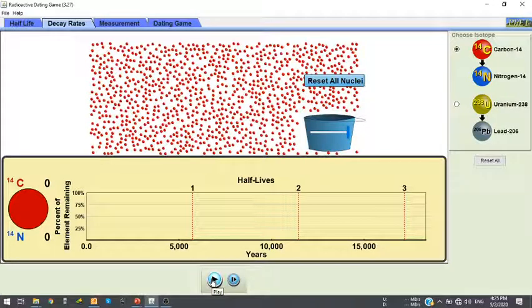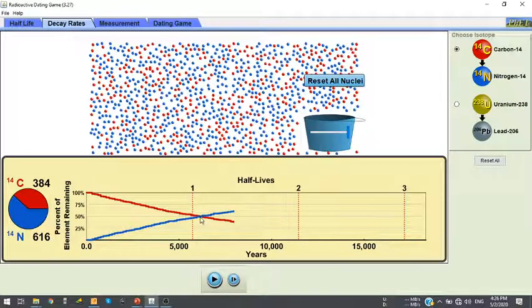If we start the time, we see that the amount of carbon-14 atoms is decreasing and the number of nitrogen-14 atoms is increasing, and the graph shows the decreasing amount of carbon-14 and the increasing amount of nitrogen-14.